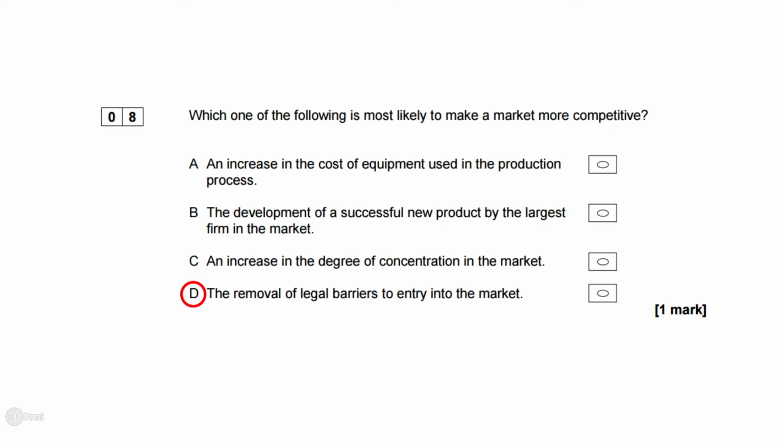If we remove these barriers, new firms can enter into the market more easily, which means that the market is more competitive. There will be more firms producing the goods, competing on price, quantity, quality, and this competition will increase. This competition would likely decrease the price and increase the quantity supplied in the market. So the answer is D.